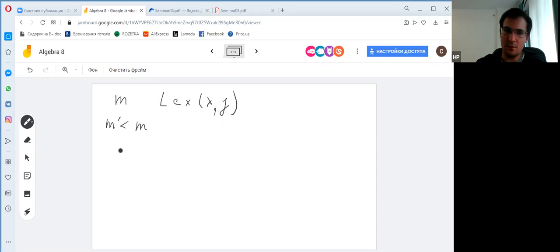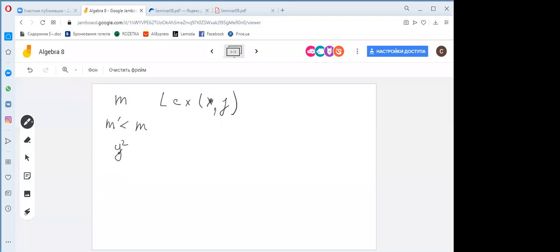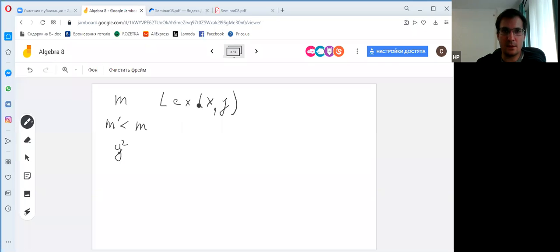It seems that, for example, the monomial y squared is good. What are the monomials which are smaller than y squared? There is an infinite amount of smaller ones, no? Like x in any power. No, we have lex order.